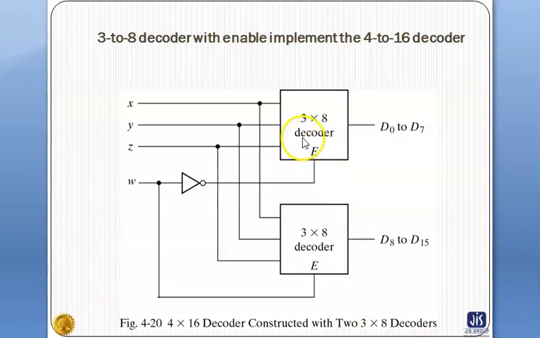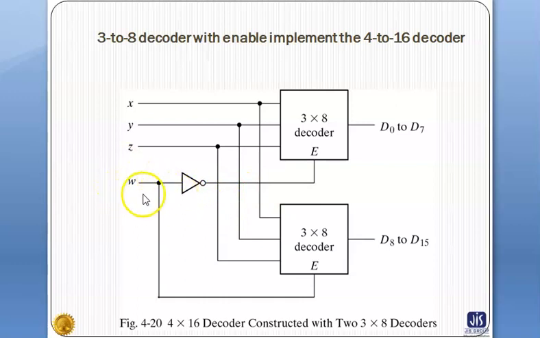Here two 3 to 8 line decoders are required to implement a 4 to 16 line decoder. So for the 2 decoders, the input lines are connected and common input lines X, Y, Z are taken out, and for the 4th input the enable lines of these two decoders are used.